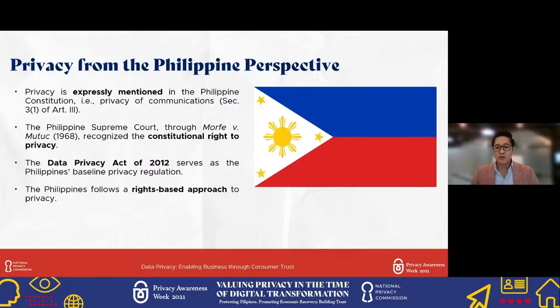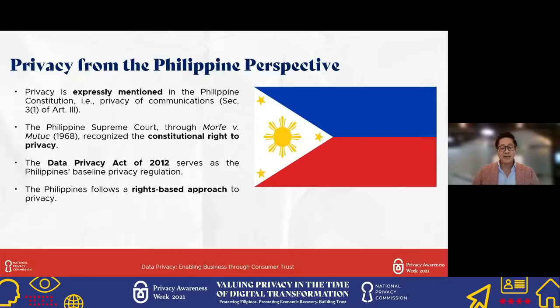And especially more so under the 1987 Constitution because of the historical context going through the martial law years when the Constitutional Commission decided to talk about rights to privacy. They wanted it in a really more robust form.